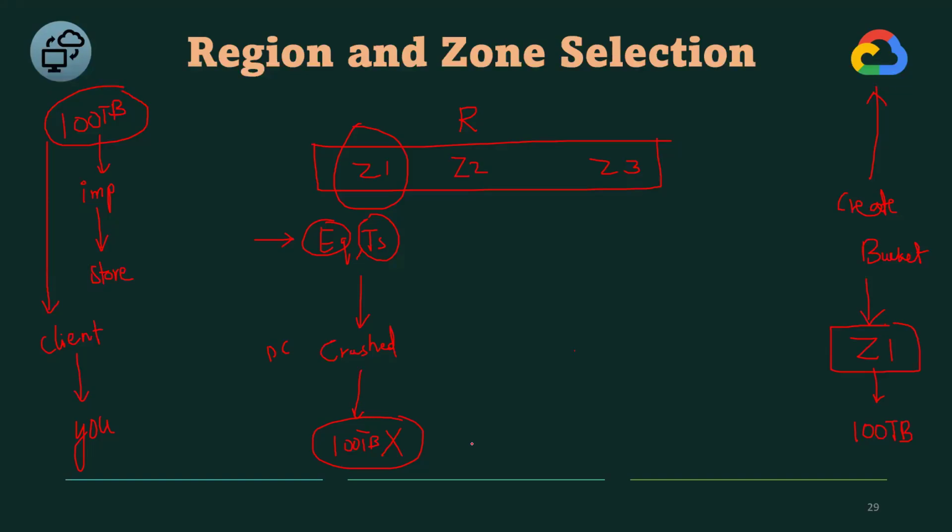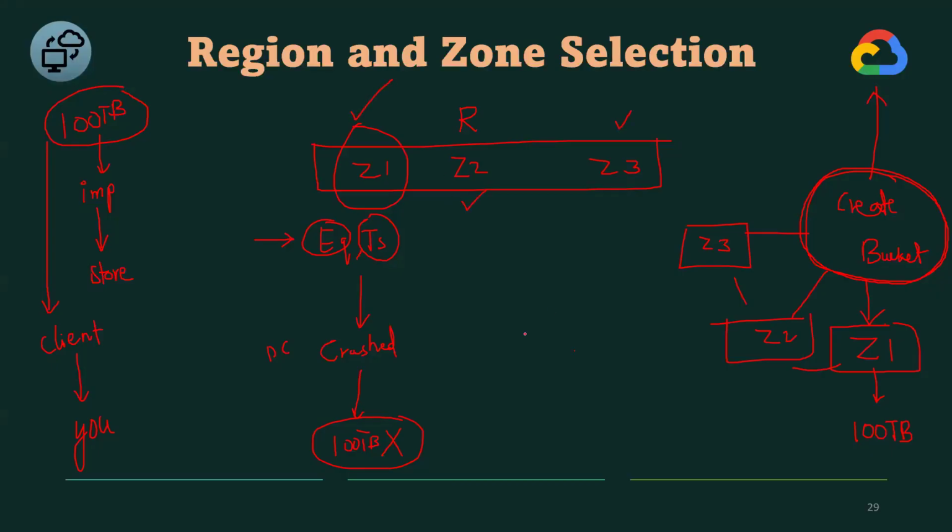So that is the reason while creating any resource in GCP, if it is very important, try to deploy it in multiple zones so that your data is available in zone 1, zone 2, zone 3. Here also it is available. Here also it is available.